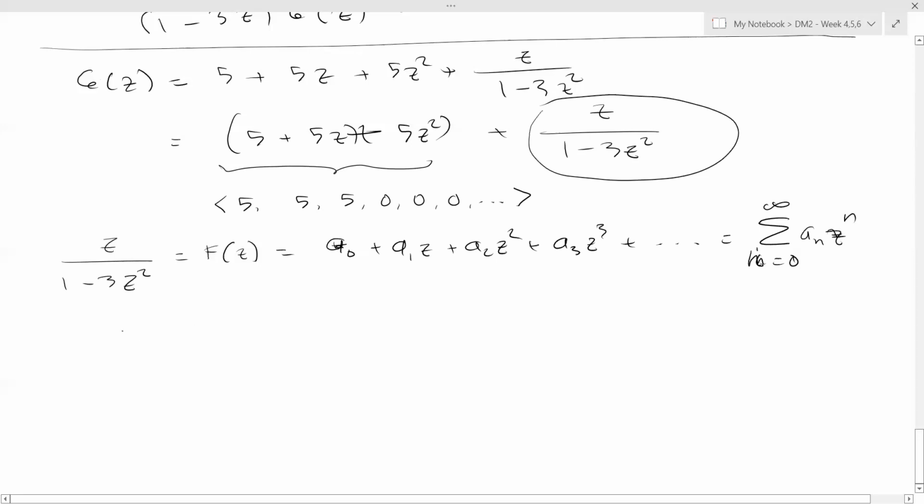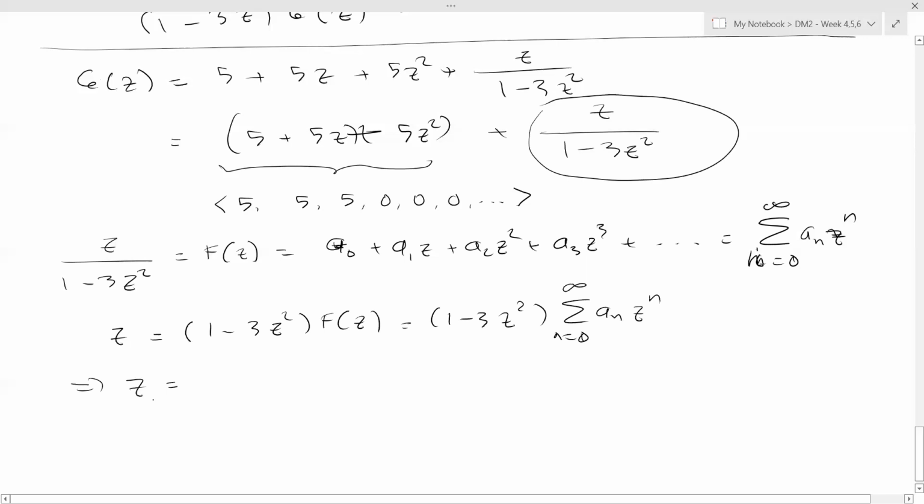So therefore, z is equal to (1 minus 3z squared) times F(z), which is (1 minus 3z squared) times the sum of a_n z^n from 0 to infinity, right?